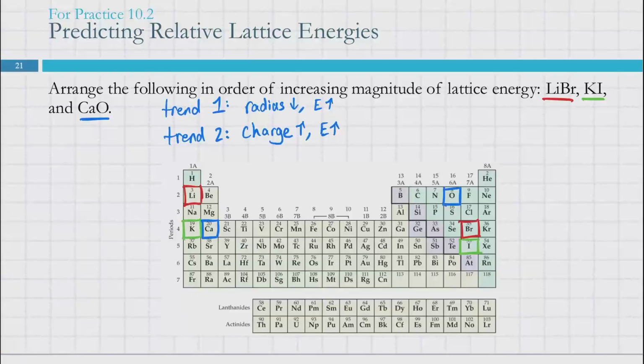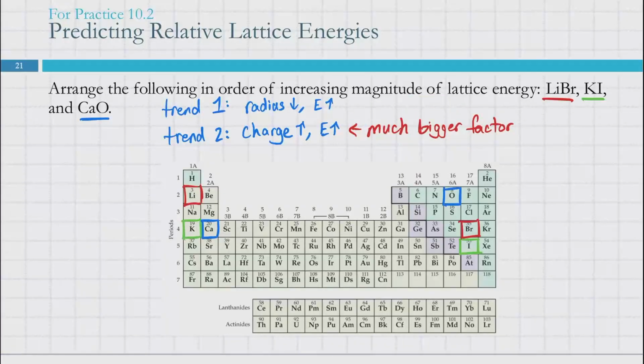And as we saw in the previous couple of slides, charge is a much bigger factor, because when we double one of the charges, we're doubling the energy. In order for us to double the atomic radius or cut the ionic radius in half, we'd have to have a drastic change in our atomic size, which I don't think is likely that we're going to see. So generally, charge is going to be a much bigger factor.